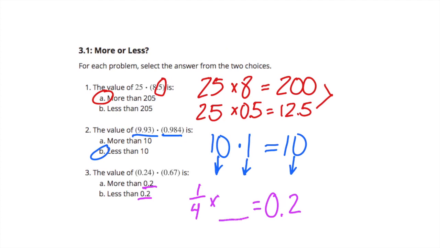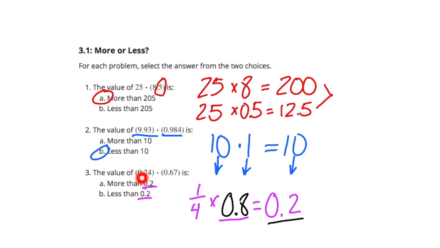So what's that other factor going to be? Another way to think of that is what divided by 4 equals 2/10. So the answer would be 0.8, 8/10. 1/4 of that is going to be 2/10.